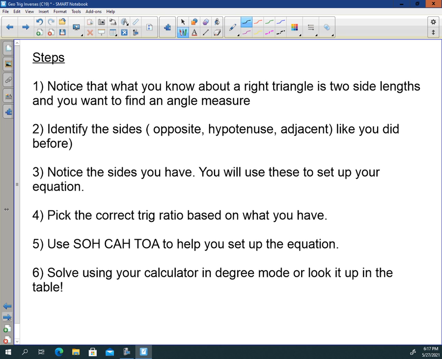Then you're going to use SOHCAHTOA to help you set up an equation, and then solve using your calculator in degree mode or look it up on the table. Are these steps familiar to you? They should be, because they're almost exactly the same steps that you use to solve a regular trig ratios problem, except there are slight differences, and we'll see those differences as we work through a problem.